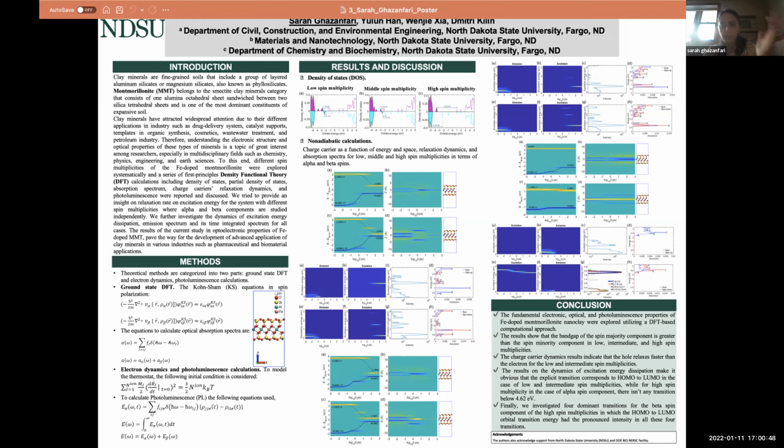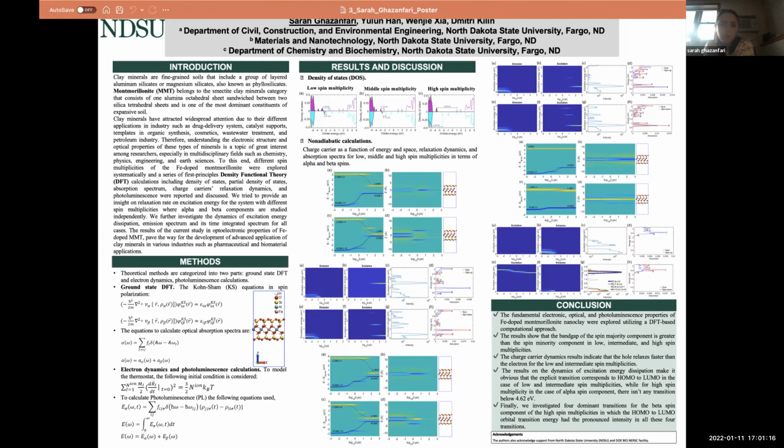the band gap of the spin majority, or the alpha spin, is greater than the beta spin in all three cases. And then I mentioned the charge carrier dynamics results, which show the hole relaxes faster than the electron, just for the low and intermediate spin multiplicities.